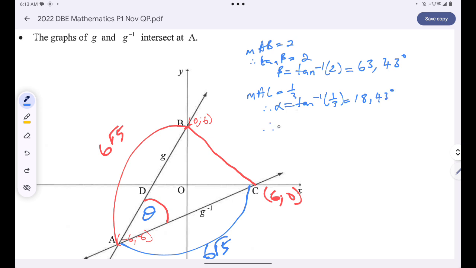So the angle between the two straight lines will be 63.43 degrees minus 18.43 degrees. You'll simply get 45 degrees. So that angle over here is 45 degrees.